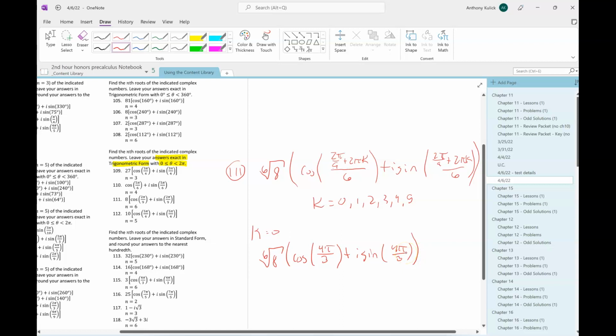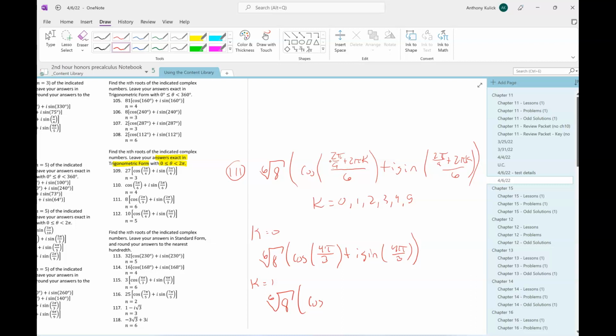So if k equals 1, I'm going to have 2 pi over 9 plus 2 pi, so that's going to be 20 pi over 9. And if I divide by 6, that's going to be 20 over 9 times 1 over 6.